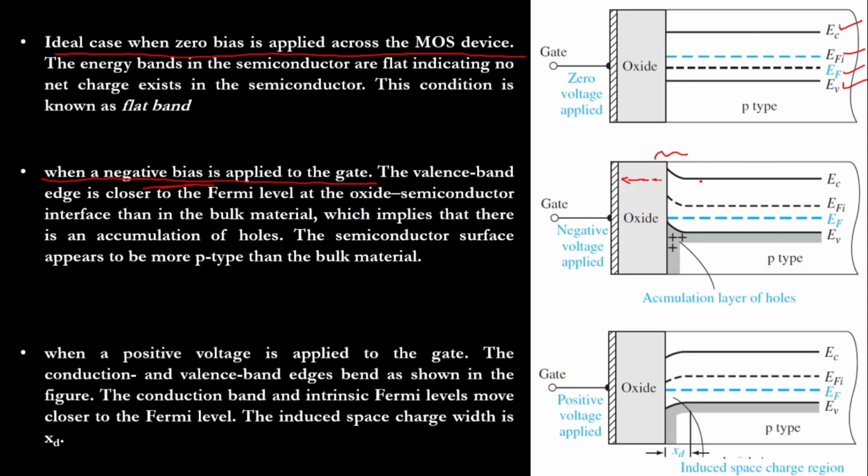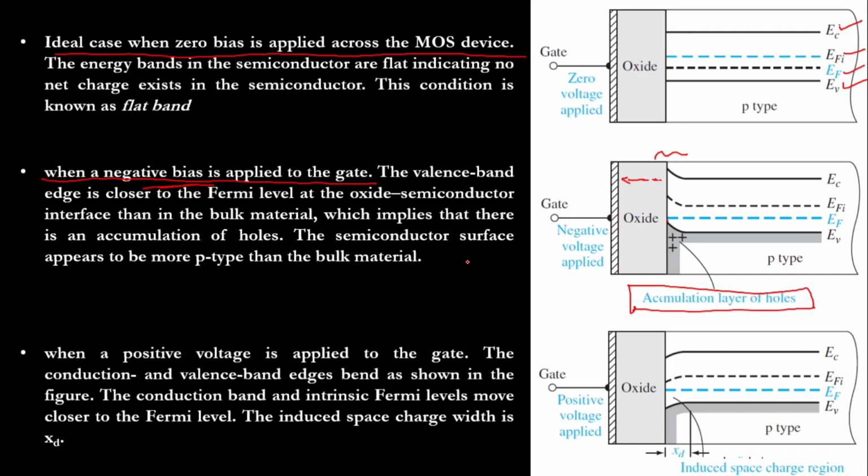You can see the intrinsic Fermi level also changes, but the Fermi level of this material is not going to change, that will remain the same. So you can see the accumulation layer of holes, which we already explained in the previous video. Accumulation of holes will be happening near this junction. That is the energy band diagram of the MOS capacitor when we apply a negative voltage to the gate.